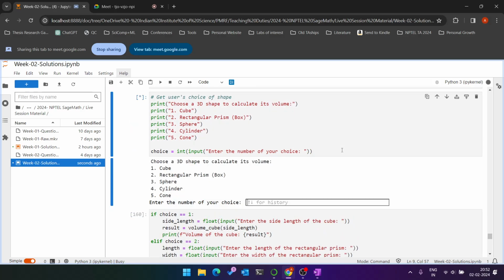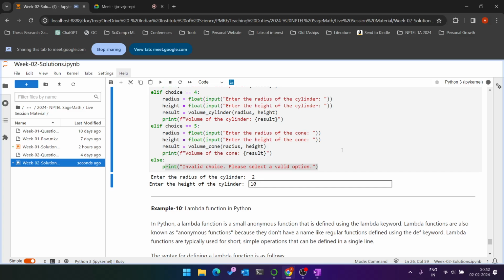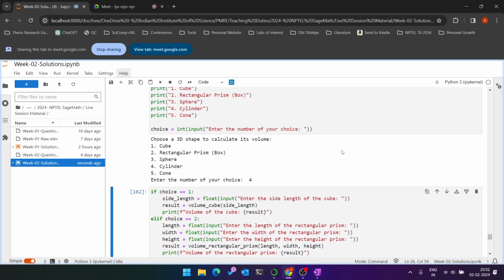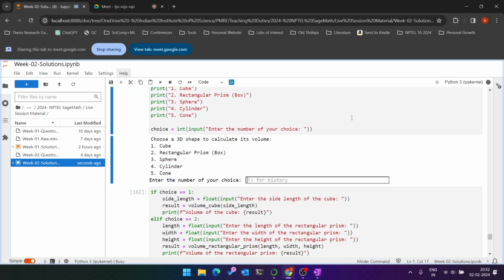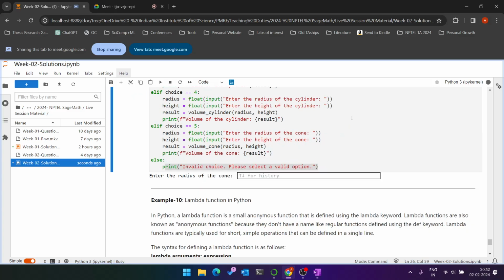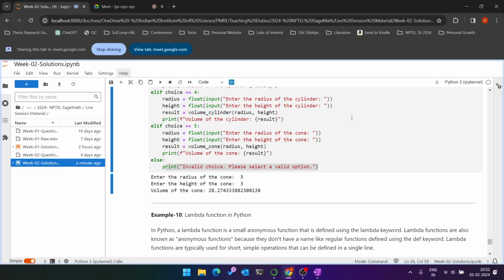Similarly, if I'm interested in the cylinder, again I run through this, radius of 2, height of, suppose, 10, I get some volume for it, pi r squared h. And finally, if I want to look at the cone, it will again require a radius. Suppose a radius of 3 and a height also of 3. So I get a volume of the cone corresponding to that.